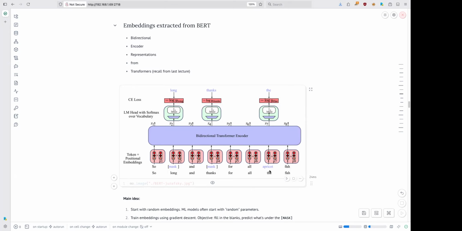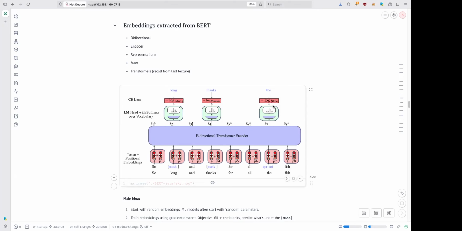And the task of the transformer is to predict that actually we don't have this mask in the actual text, we have the token long. And here, instead of mask, we have the token thanks. And here, instead of this garbage apricot, we should have the token there. And so on and so forth.